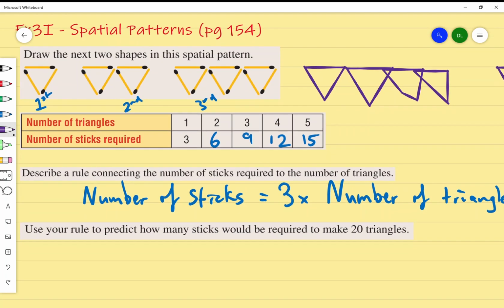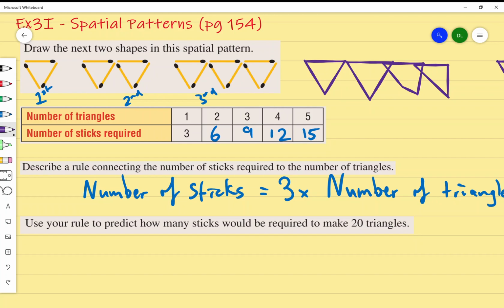So in the next one, now we're not going so extreme as using 1,433, but it says use your rule to predict how many sticks would be required to make 20 triangles. So our rule says number of sticks equals 3 times the number of triangles. So we're looking for the number of sticks. Number of sticks equals. Now what do I replace, Taylor?